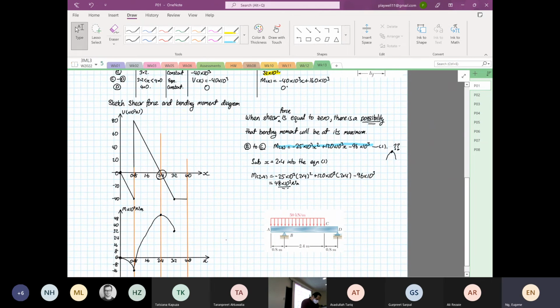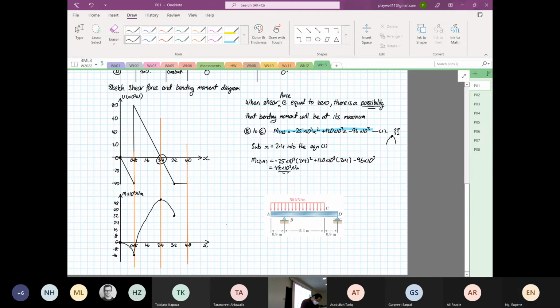We know that from point C to point D, we have a linear function, right? And it's going to be a straight line, and at point D, it's going to be 0. So from there to there, it's going to be a straight line. Okay. So that is our shear force and bending moment diagram.